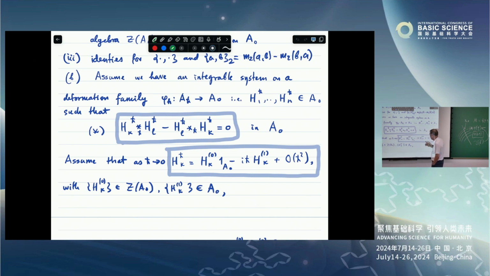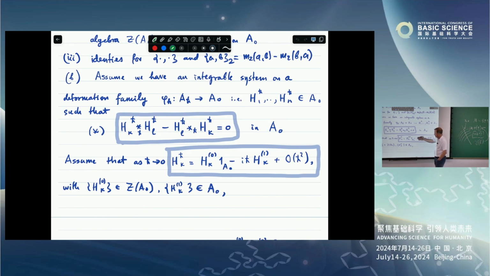But now let's assume the following: that in the semi-classical limit, when h goes to 0, when our algebra A becomes A0, these Hamiltonians are very special. The zero term is some central elements H0k from the center Z of A0 times the identity in A0, and some quantum corrections.